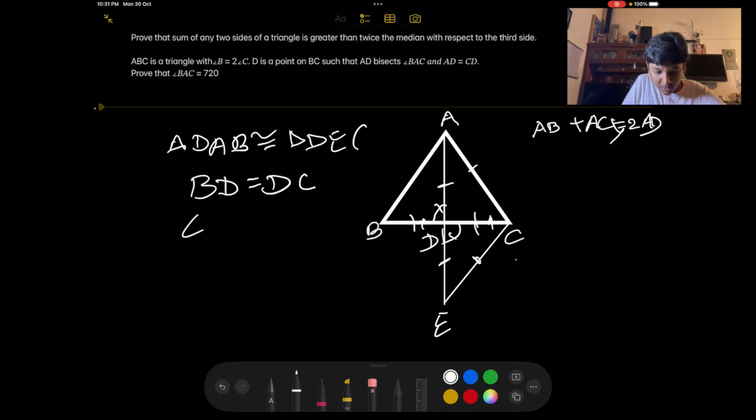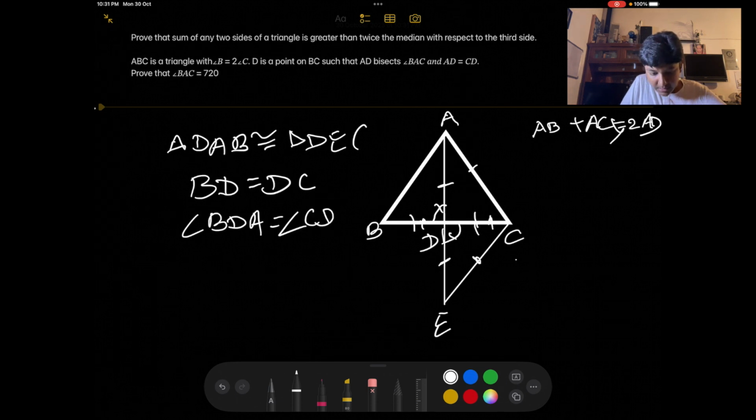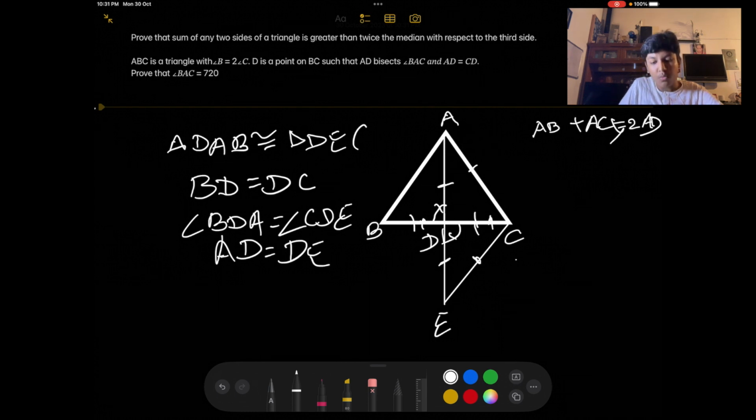Next we can show angle BDA is equal to angle CDE. Now what else? We just drew DE such that it is equal to AD. So AD is equal to DE. Now what congruency rule will we apply? Obviously SAS.